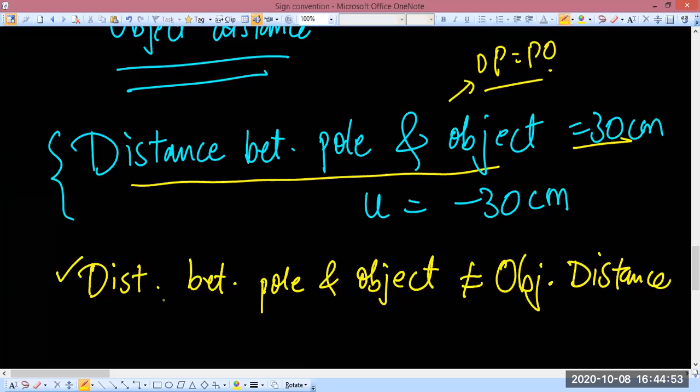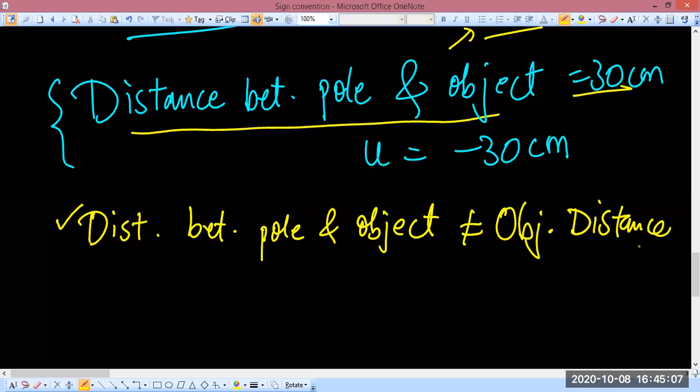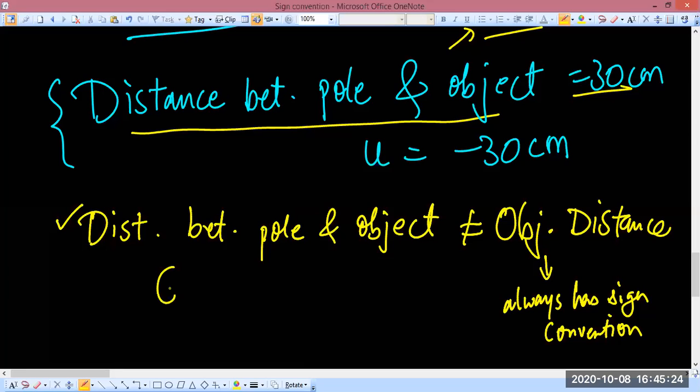Is this clear? So now, if someone asks for a definition, don't say anything, don't give a definition. Okay, so remember, object distance always has sign convention. Object distance always has sign convention, and this side is a geometrical distance.